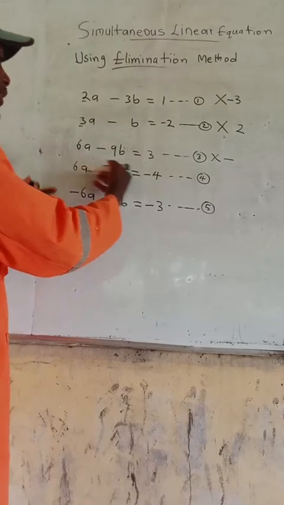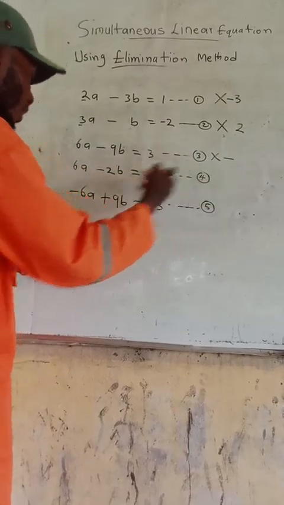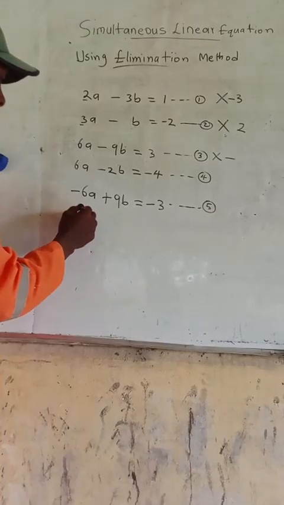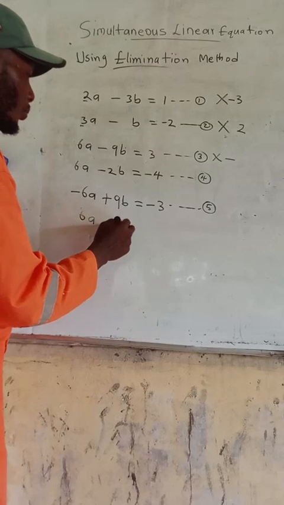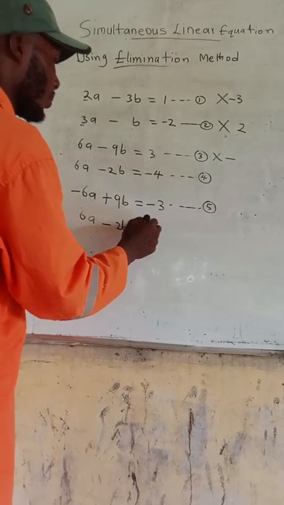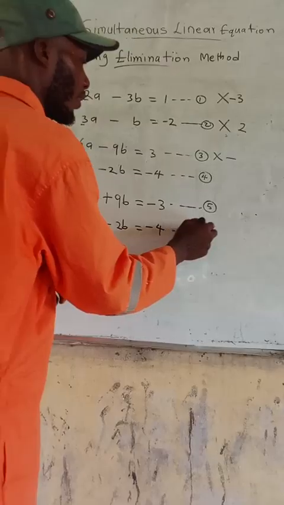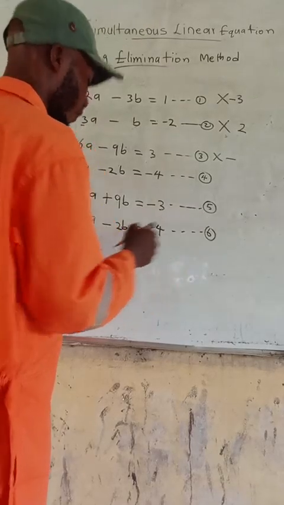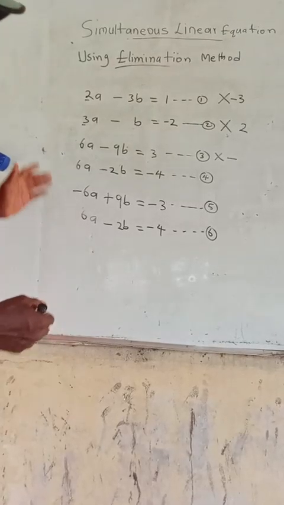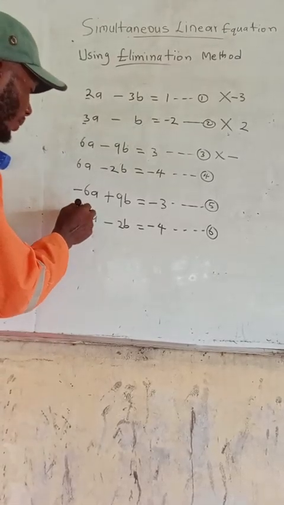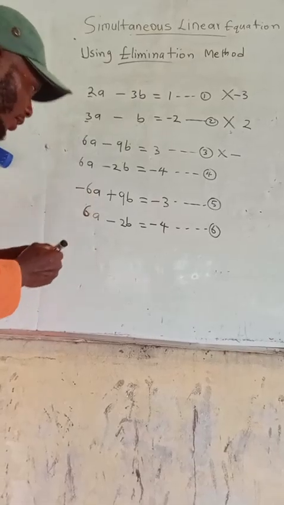So you can just bring the next equation down, 6a minus 2b is equal to minus 4. And you can say it is equation 6.